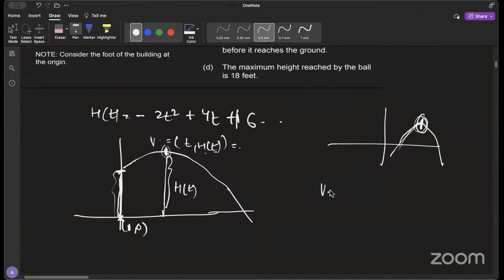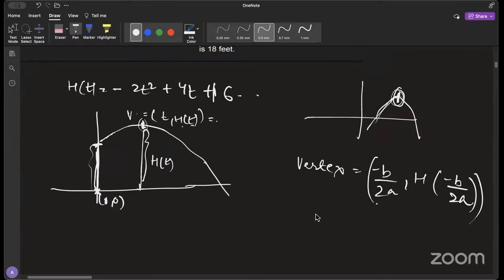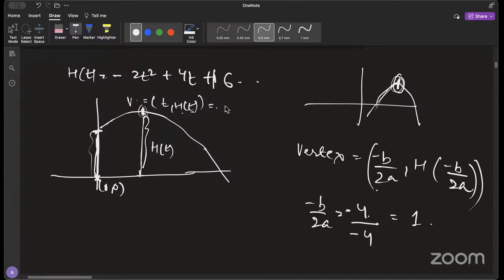So the vertex point is given by minus b by 2a and h of minus b by 2a. Minus b by 2a is going to be equal to 1. The first coordinate of this tuple is 1.